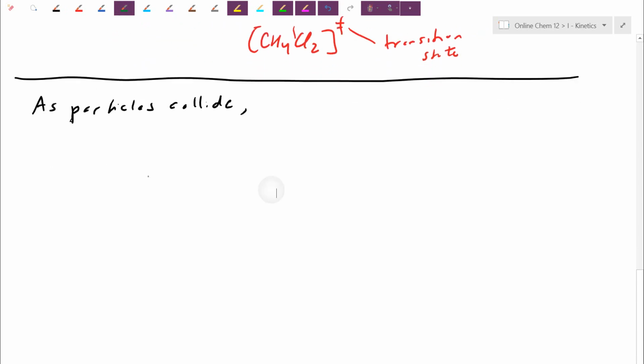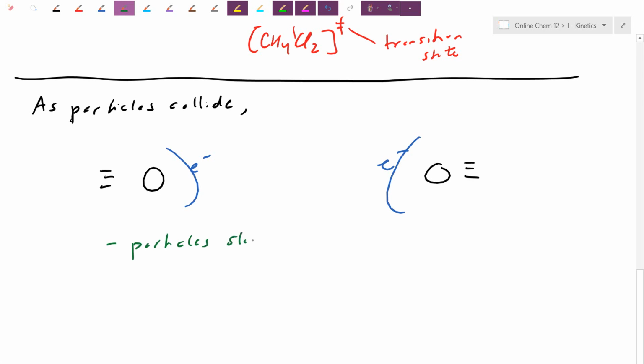So what's happened here is I have one particle, it's zipping towards another particle. Remember, we've said it a couple times here. The first things that see each other are the electrons. These electrons don't like each other. So what's going to happen is, as particles collide, particles slow down due to electron repulsion.